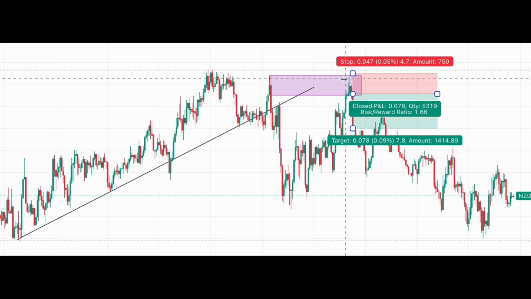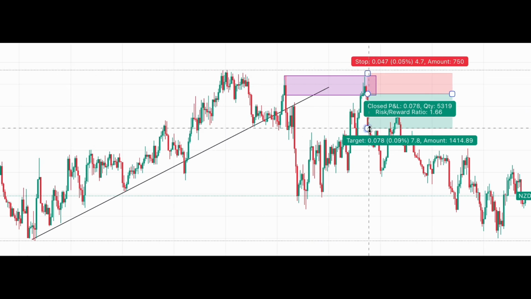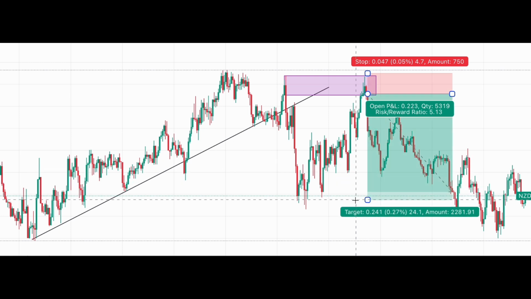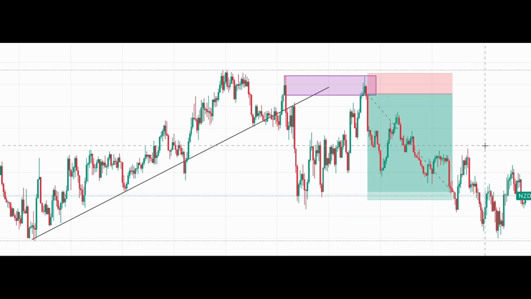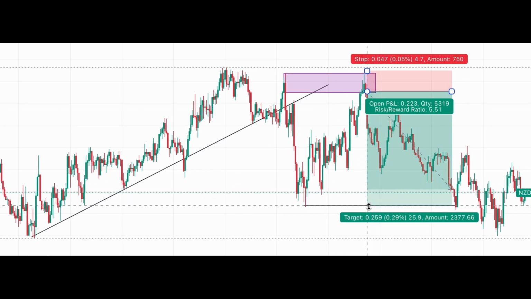You can make it slightly higher, it depends on you, since we have the previous swing high nearest here. Then where is our take profit? Personally, I will aim for the previous swing low support, because this is the sell side liquidity. This will be my target for this setup.